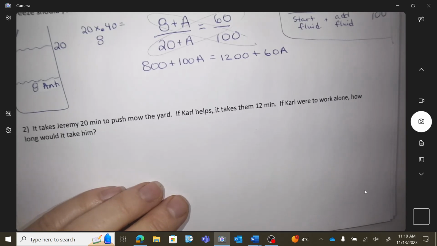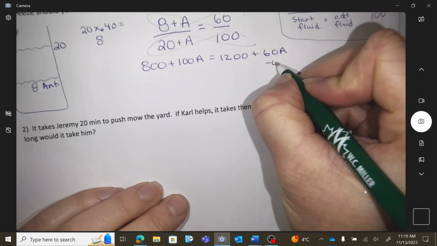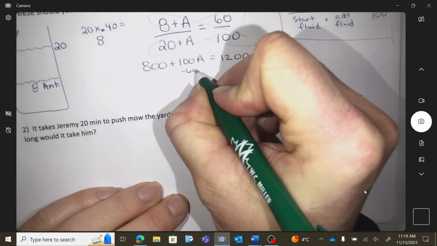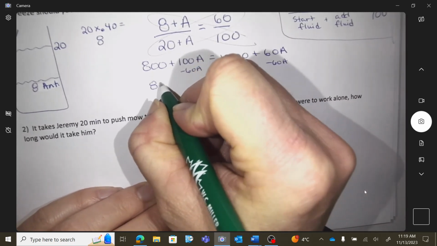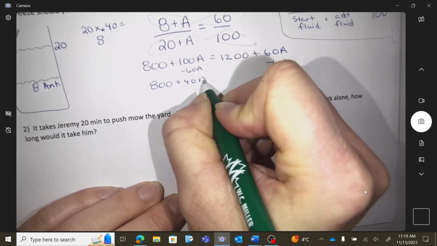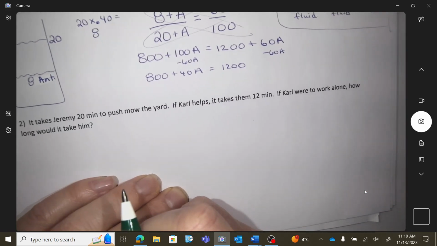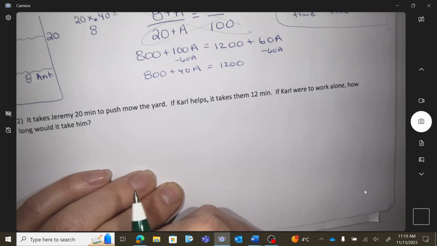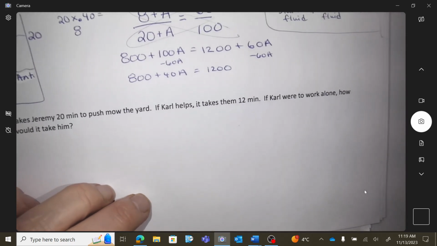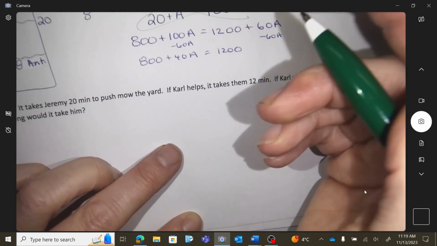Okay, algebra. So my algebra would start with a minus 60a. And I'm isolating, right? It's all isolating algebra, so get stuff alone, move it to the other side.